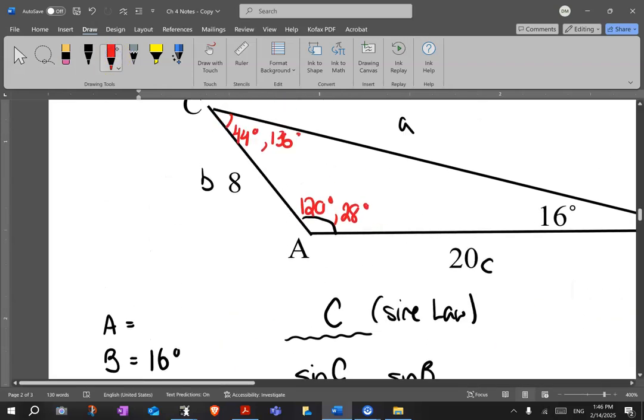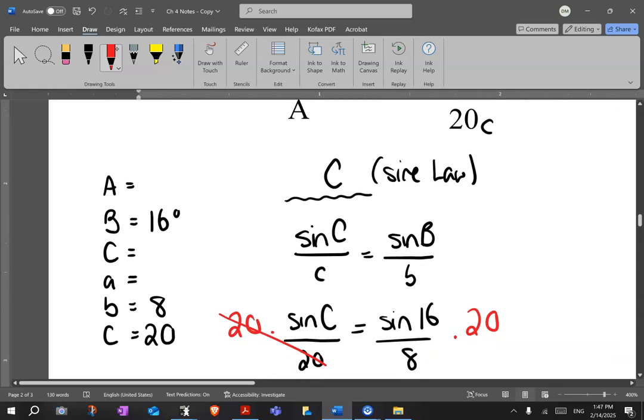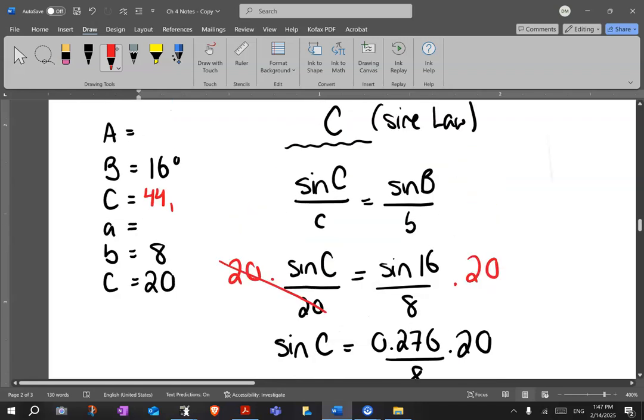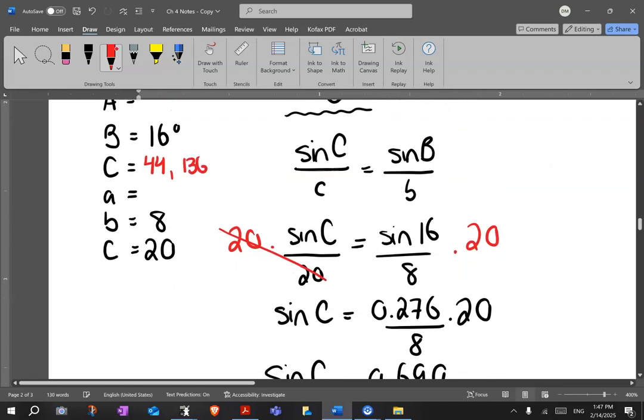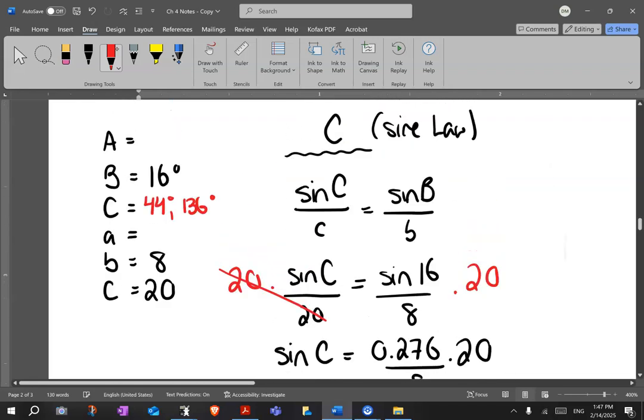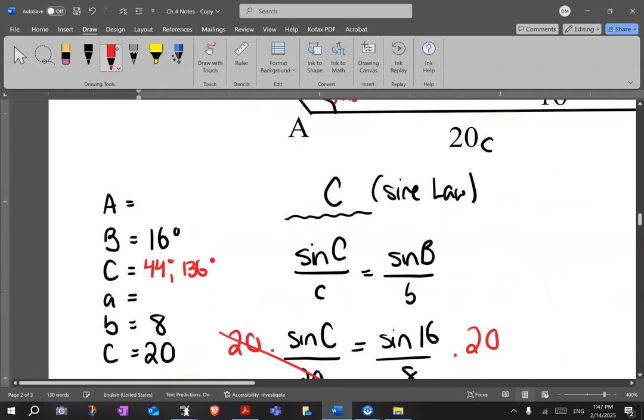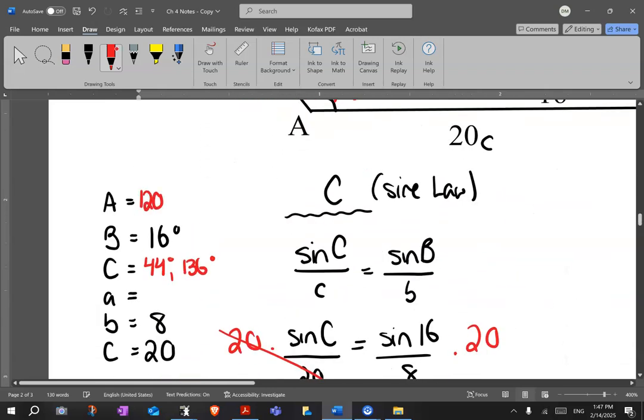So originally, I had found C to be 44 and 136 degrees. Now, when I did 44, I ended up getting the other angle to be 120, and if I did 136, I got my angle to be 28.